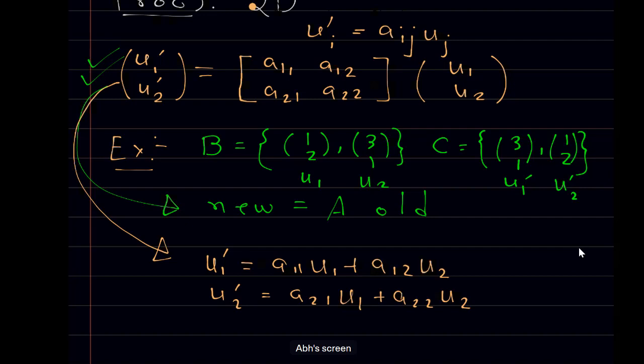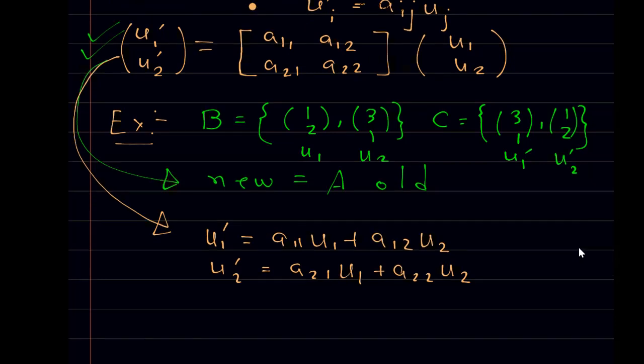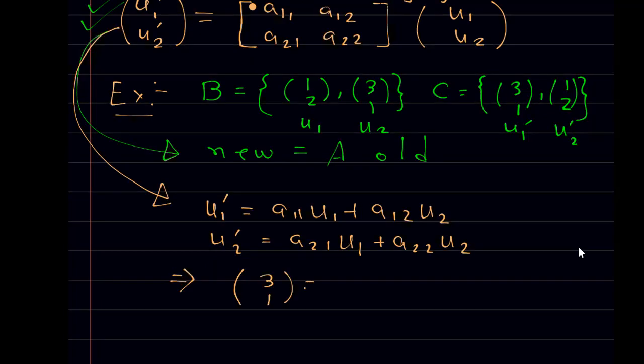So what is u1 prime? u1 prime is 3 1. Now what is my u1? u1 is 1 2. And what is my u2? u2 is 3 1. So now I'm going to find the coefficients such that if I do the calculation, I should get 3 1. So obviously the coefficient here should be 0, and here the coefficient should be 1.